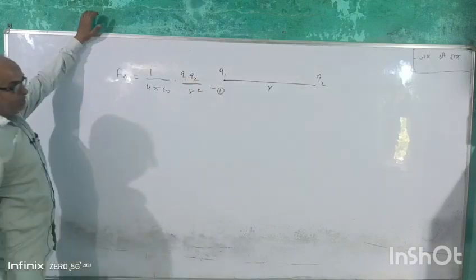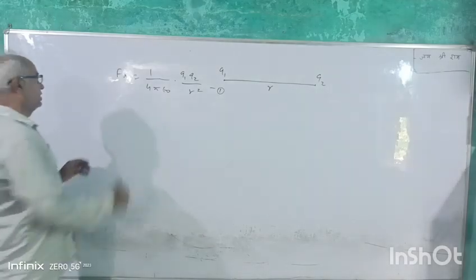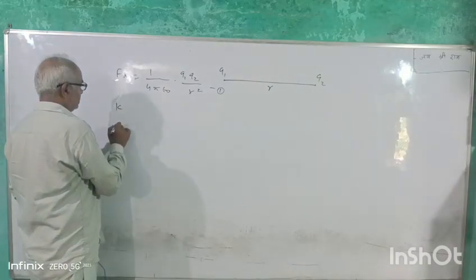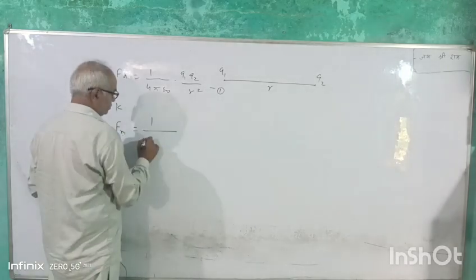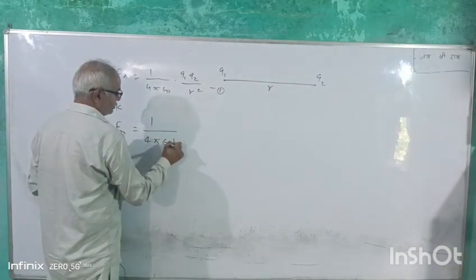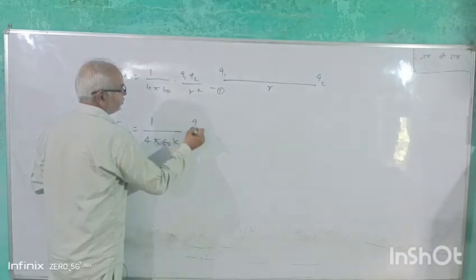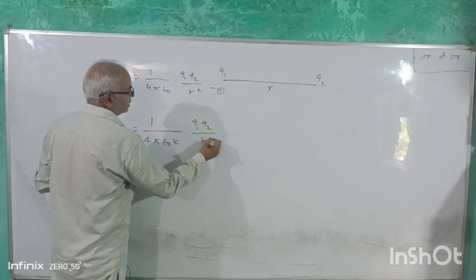If they are placed in a medium whose dielectric constant is K, then Fm, this is the force acting in the medium, is equal to 1 upon 4 pi epsilon naught K Q1 Q2 upon R square.